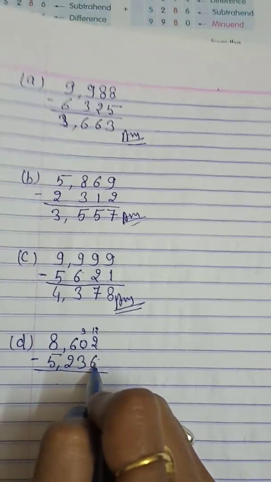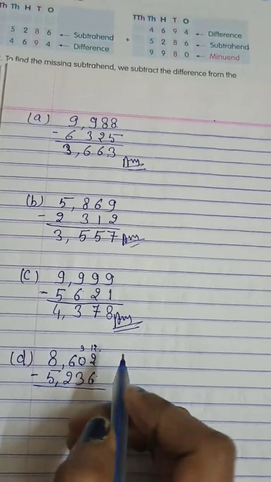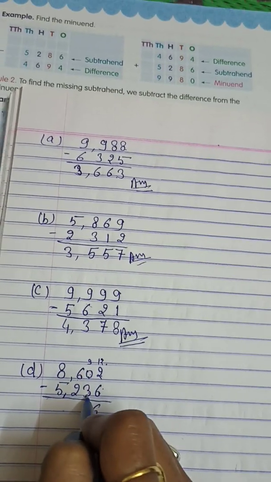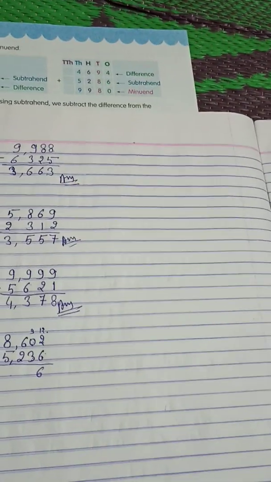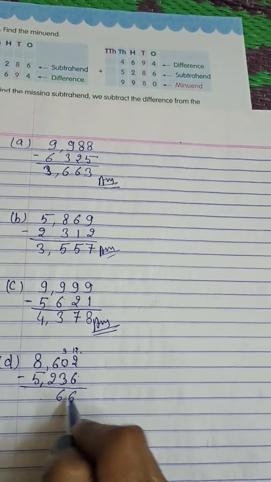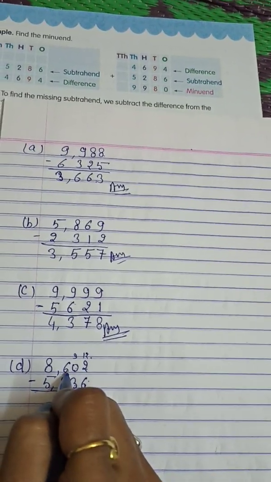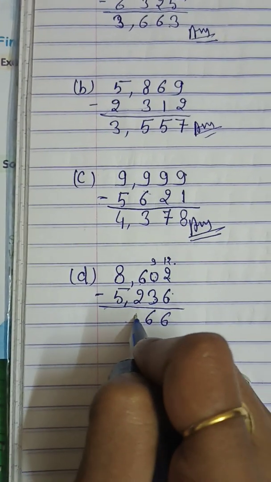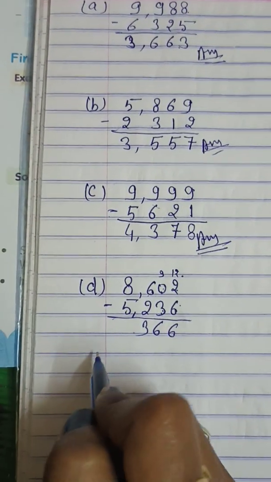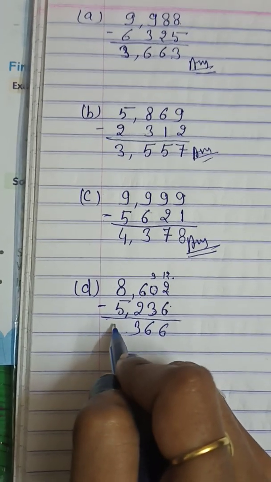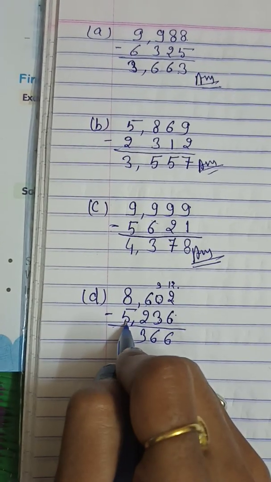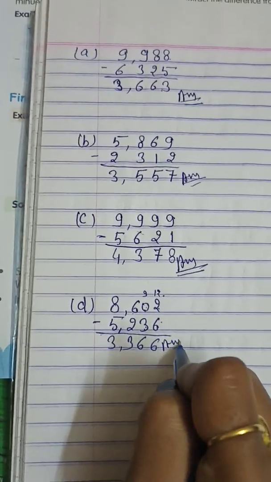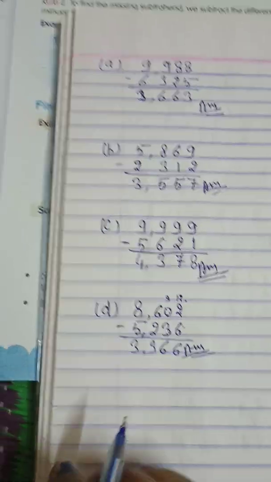Minus it, 6 from 12. What do we get? 6. 9 minus 3 from 9. What do we get? 6. Here we have 5 and minus 2 from 5. What do we get? 3. And we have to minus 5 from 8. What do we get? 3. So this is your answer.